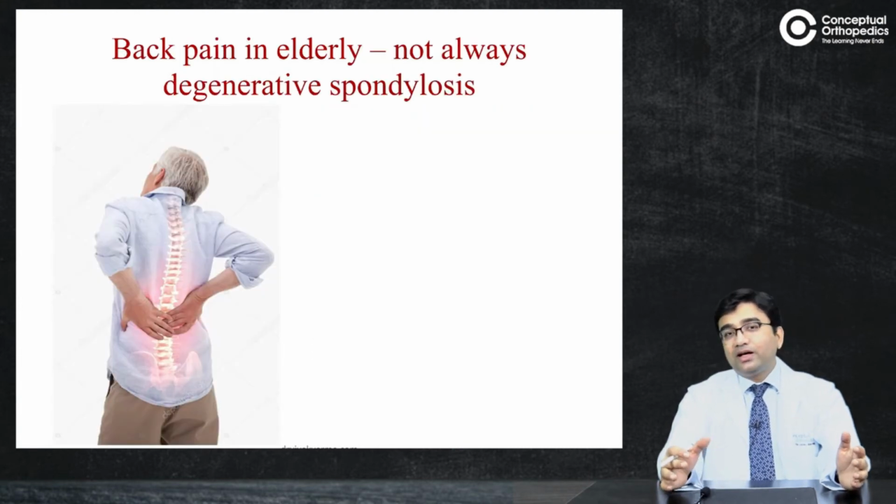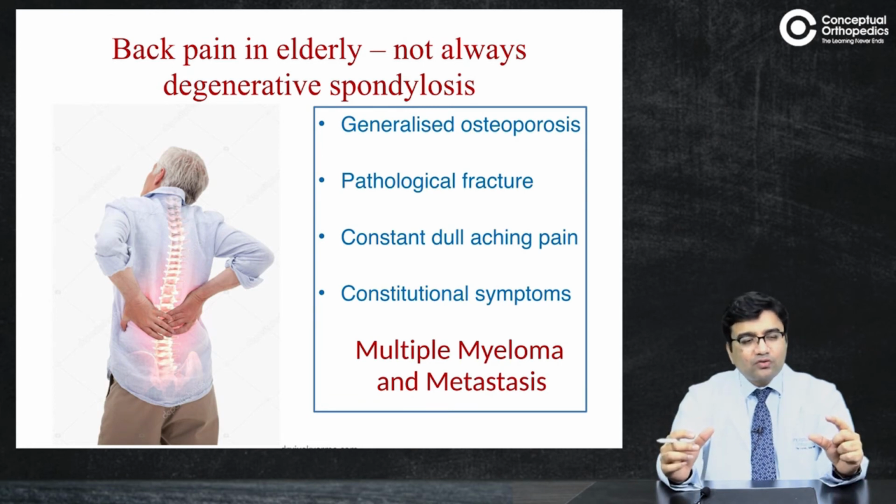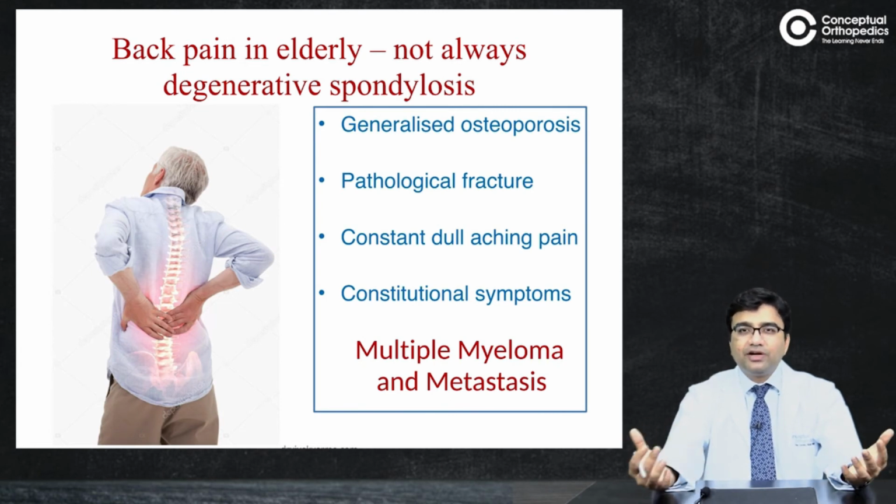Especially we have to talk about the elderly population, because many times when they have this bone pain or back pain, everything is attributed to the physiological process of aging. But like I said, a simple X-ray can show you that the bone is weakened, there is a diffuse osteopenia, diffuse osteoporosis, or some part of the vertebral body is collapsed, or there is a constant pain not relieved, and associated with constitutional symptoms like fever, malaise, weight loss.